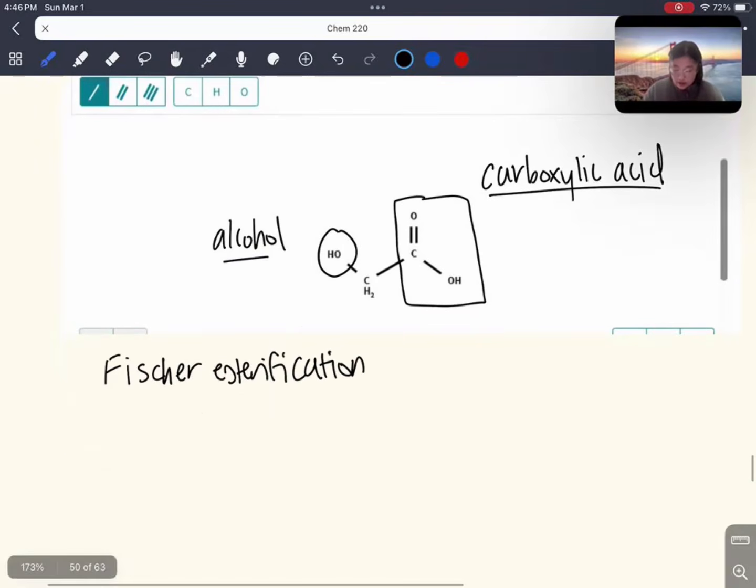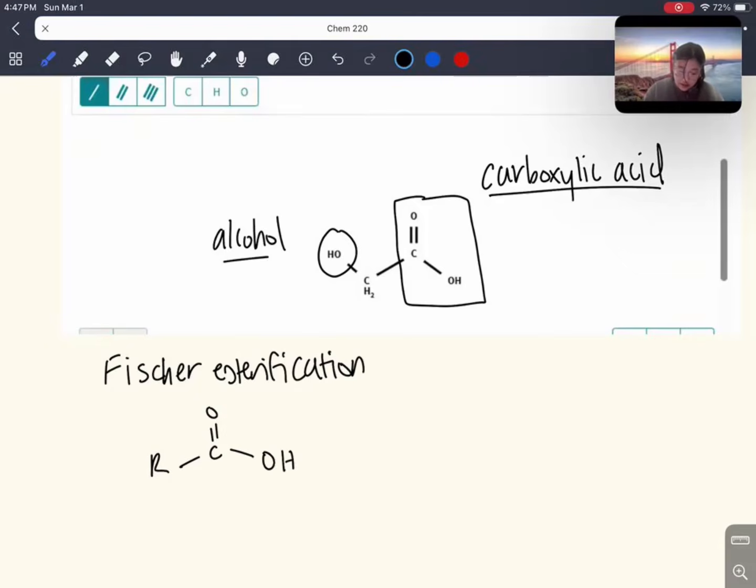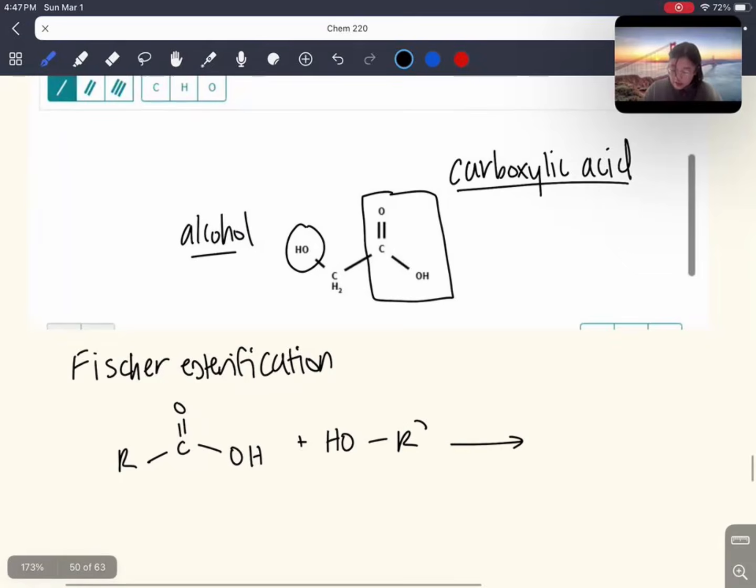The general form of this reaction is you take your carboxylic acid, a general carboxylic acid like this, and then you add an alcohol, so an OH group bonded to some other R group, and typically you need some sort of acid catalyst to get this reaction to happen.